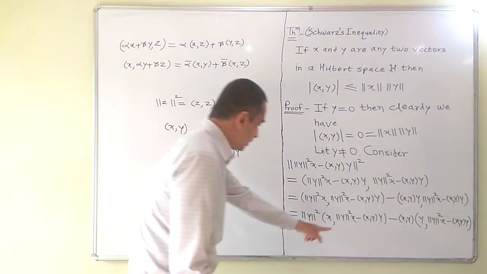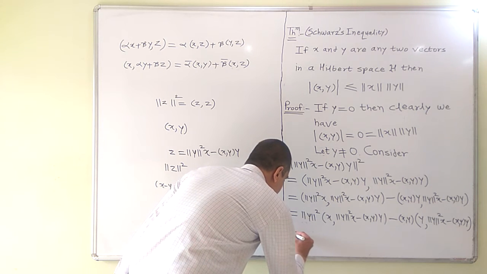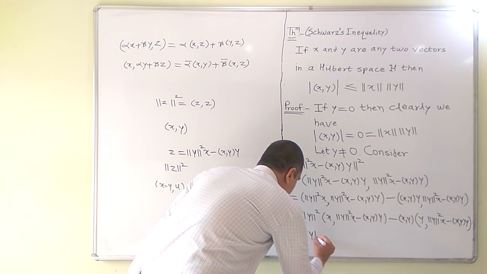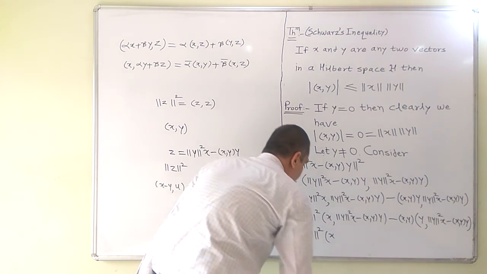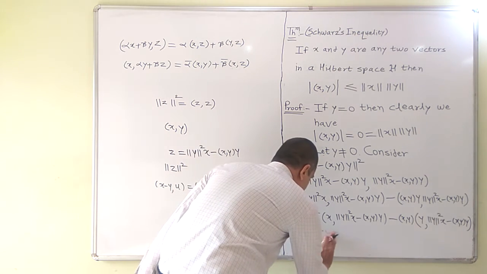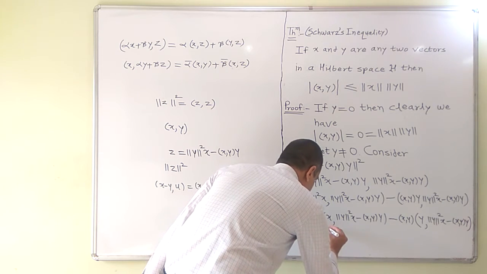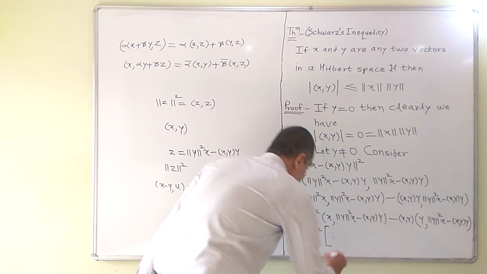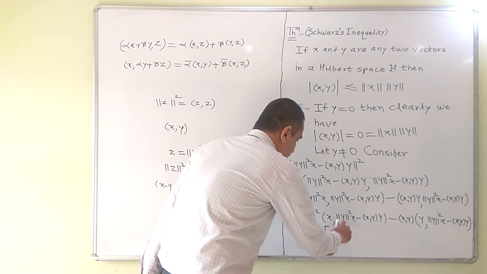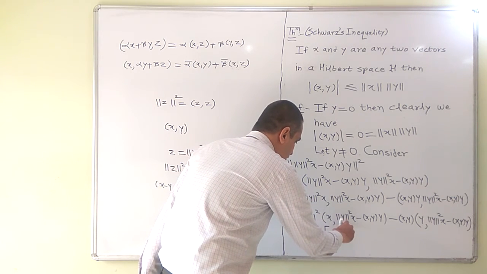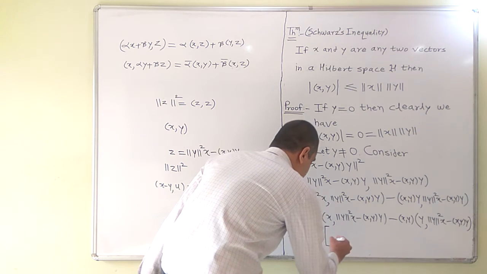So I will treat this as equal to norm of y square times x, so I can put a square bracket here to simplify this. This is equal to norm y square. Now I'll take this outside, so its conjugate, it is a non-negative real number, so its conjugate will be the same.